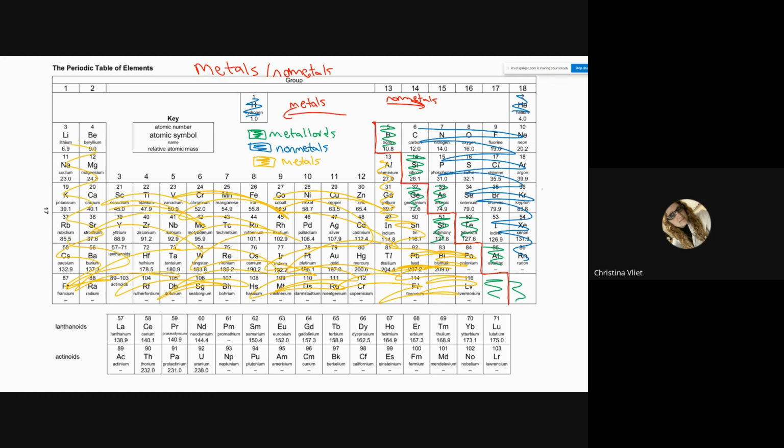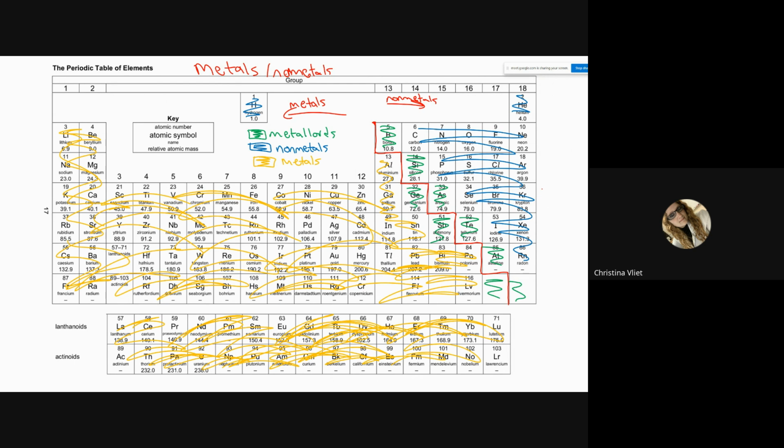So is most of the periodic table made of metals or non-metals? Looking at the elements, mostly metals, right? Non-metals are bullies. We're going to learn that next class. They're like, I'm going to steal your electron.